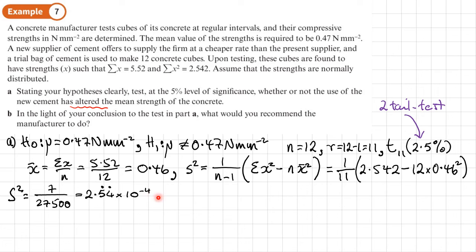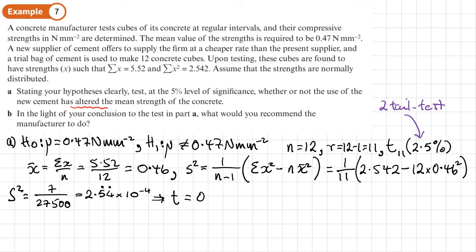So now we'll work out our t value, and that's going to be equal to our sample mean, 0.46, minus the population mean, 0.47, divided by s, now that's going to be the square root of this, divided by the square root of 12. So I'll tell you what, that's going to be a nasty looking fraction, so I'll write it as a division rather than a fraction.